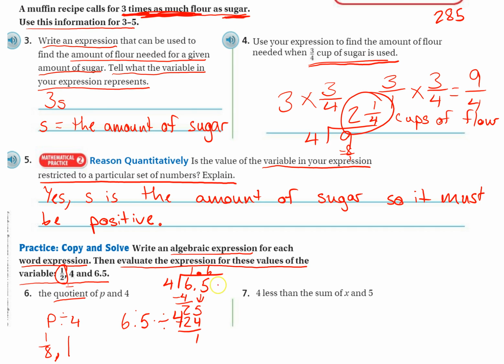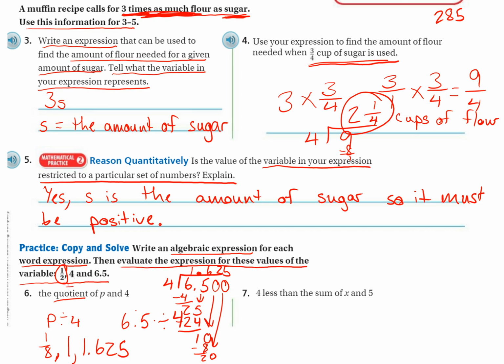Subtract gives us 1. Add a 0, bring it down. 4 goes into 10 2 times. 8, subtract gives us 2. Add a 0, bring it down. And 4 goes into 20 5 times, and that will give you no remainder. So 1.625. So there are our 3 answers.